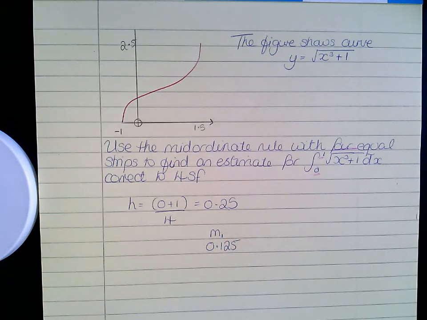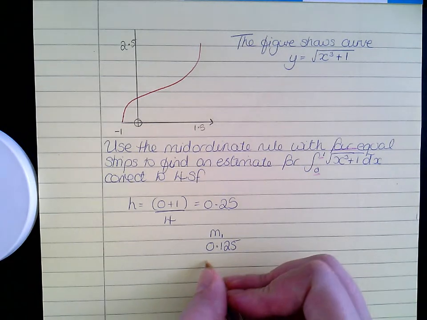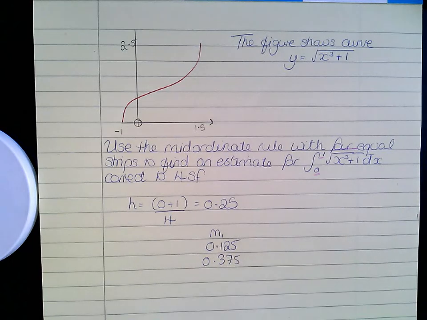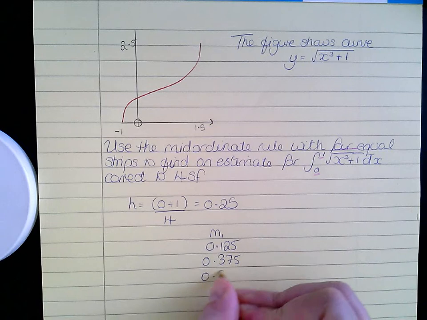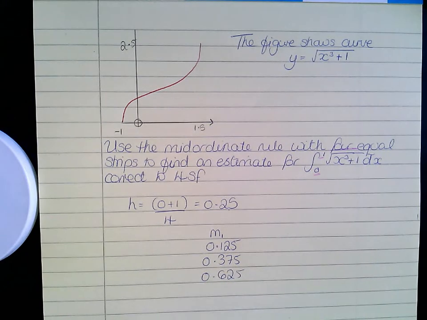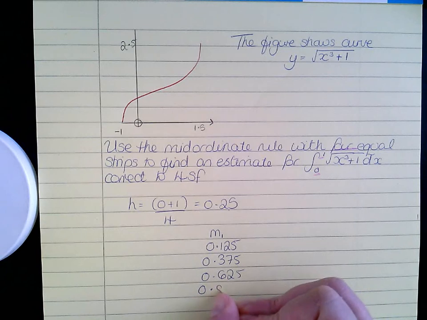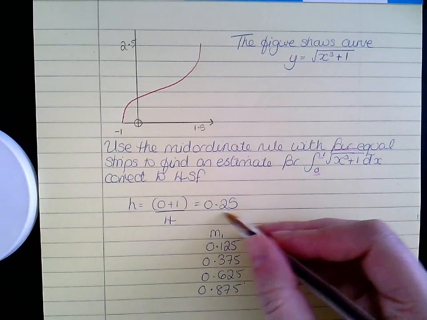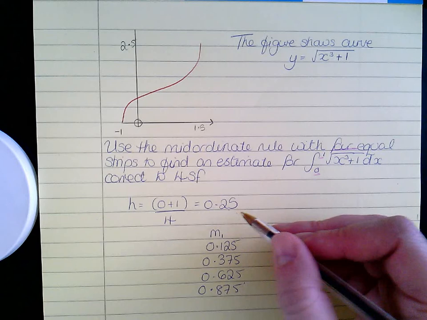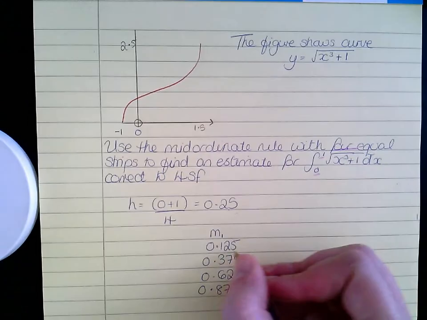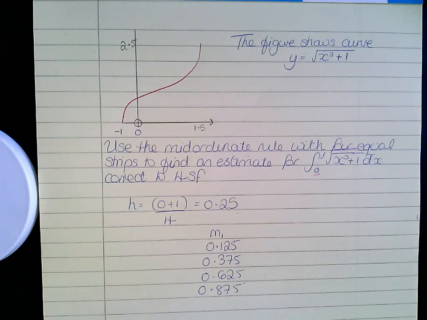So from there, I'm going to add on another 0.25. So my next point is at 0.375. My next midpoint is at 0.625. And my last midpoint is at 0.875. So because that is my width, I've halved it, added it onto my lower limit, which is 0, and therefore I've got my 4 midpoints.